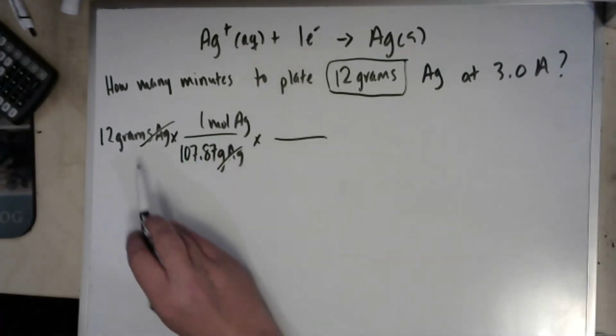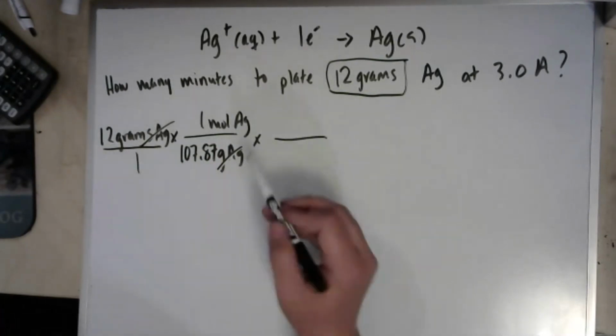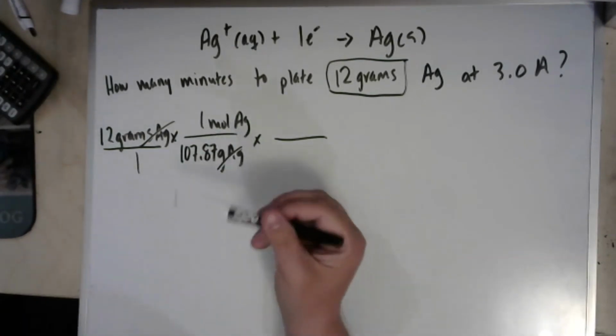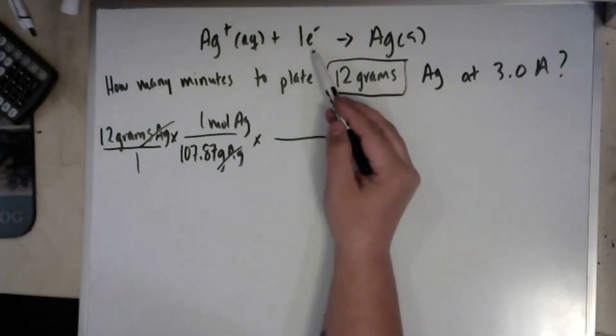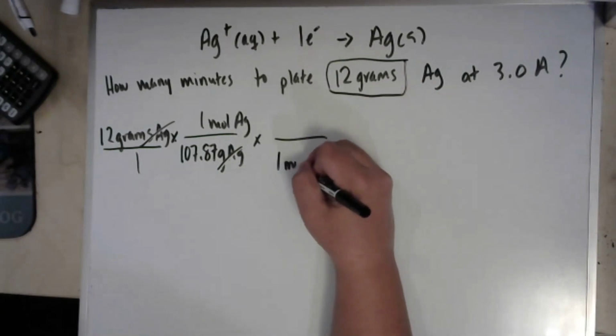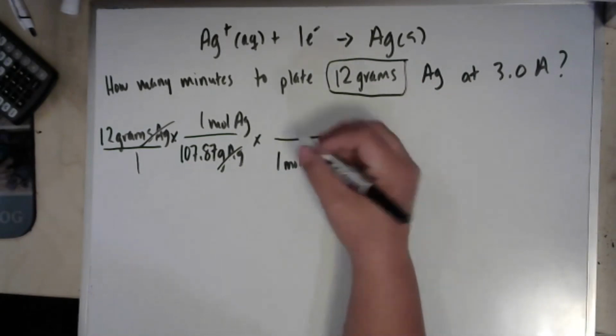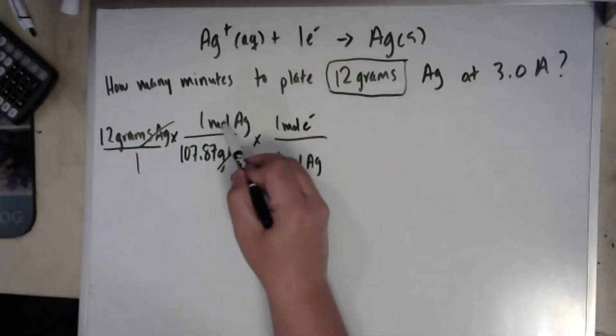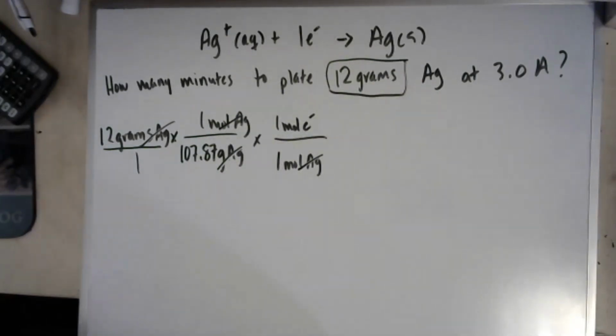Okay. Once I've turned this gram value into moles of silver, now I can relate my moles of silver metal to the moles of my electrons. And it's a 1-to-1 ratio in this case, but I'm still going to write it in because I don't want to lose any of my units as I'm going through and making up my dimensional analysis.